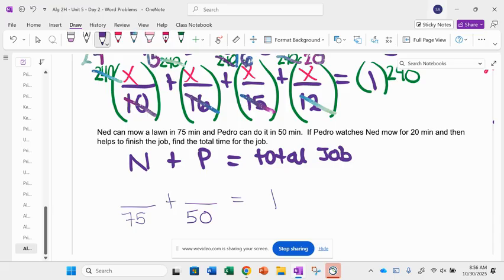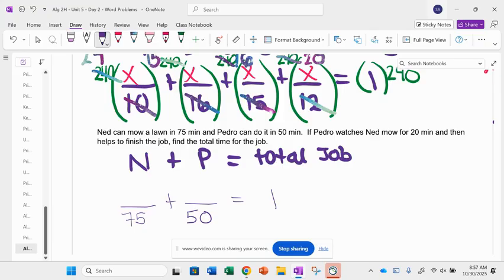Now, it's saying if Pedro watched Ned mow the lawn for 20 minutes, then helps to finish the job. So if Pedro was watching Ned, during their time together, who was actually working longer? Ned was working longer. Ned was working longer for how many minutes? 20.